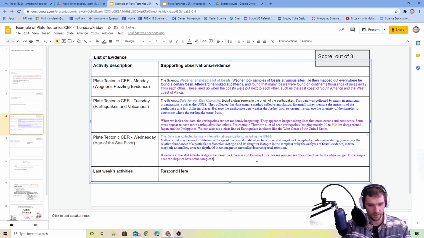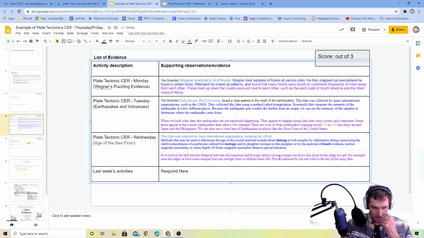Samples that are younger than 10 million years old. Gosh, come on, spelling. This is indicated by the red color in the key of the map.